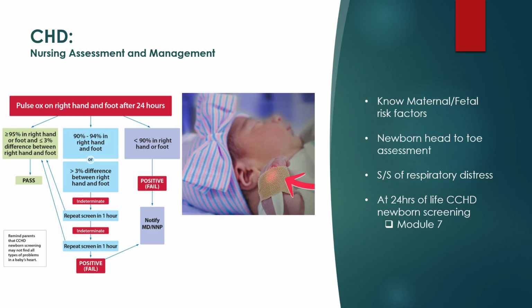Are they having difficulty feeding? Because if you have a cardiac condition, that suck and swallow is very, very difficult. Or are they super, super irritable and there's no other reason? These can be early signs that something's going on. Then, at around 24 hours of life, the baby is going to be screened with a very simple pulse ox test that we call the CCHD.